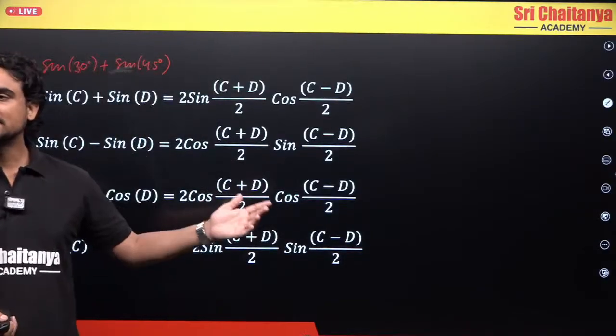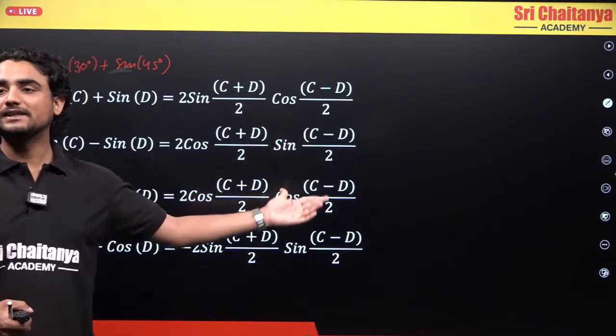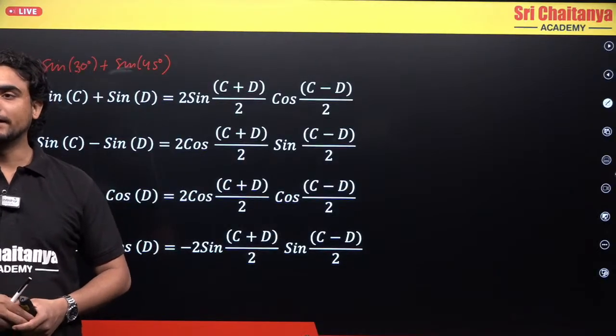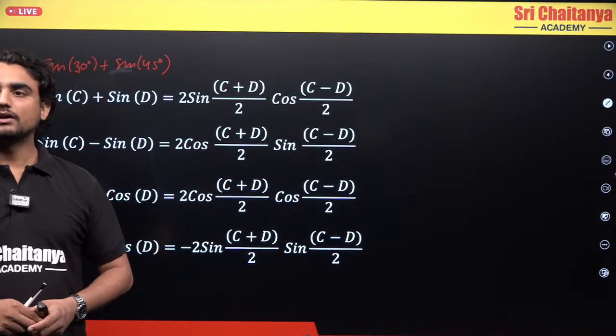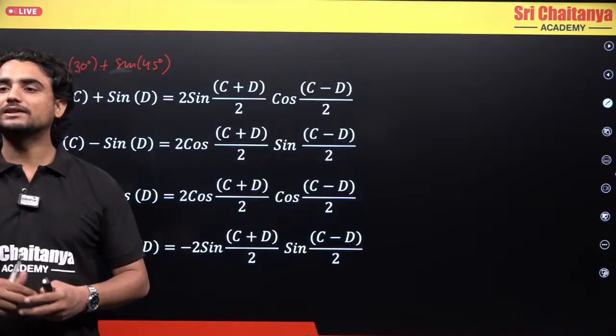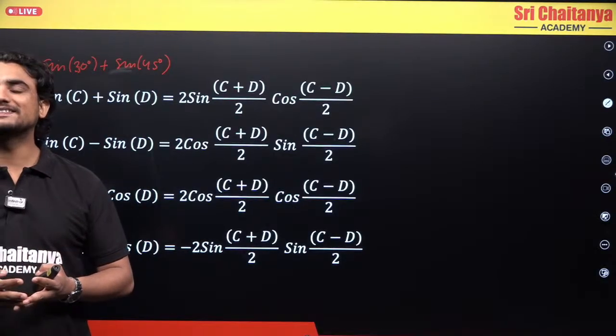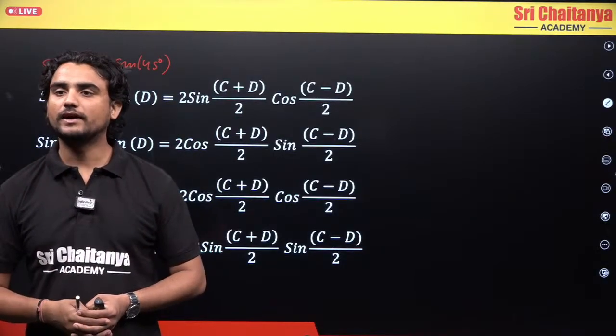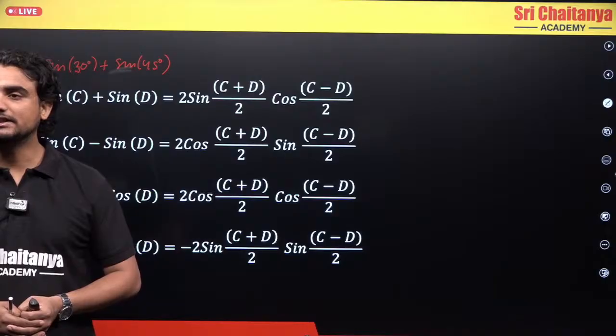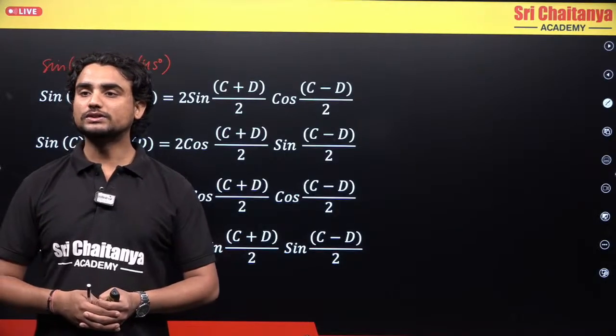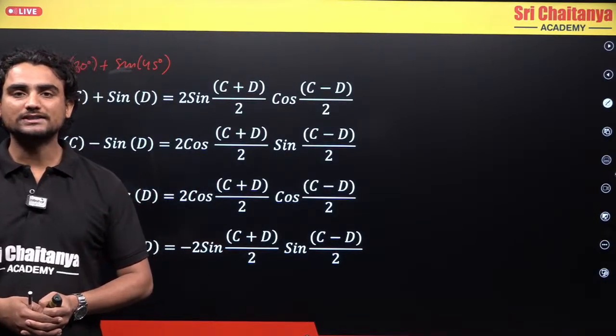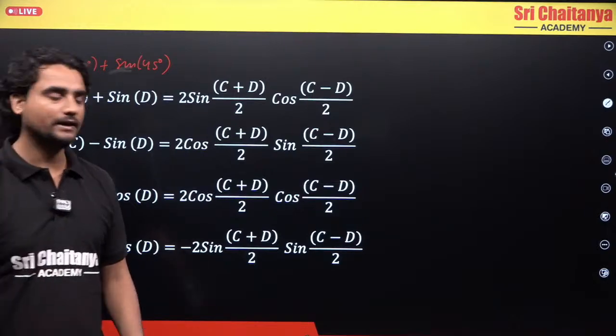What is sine C minus sine D? 2 cos C plus D by 2 sine C minus D by 2. Okay, what is cos C plus cos D? 2 cos C plus D by 2 cos C minus D by 2. And finally, cos C minus cos D equals minus 2 sine C plus D by 2 sine C minus D by 2.